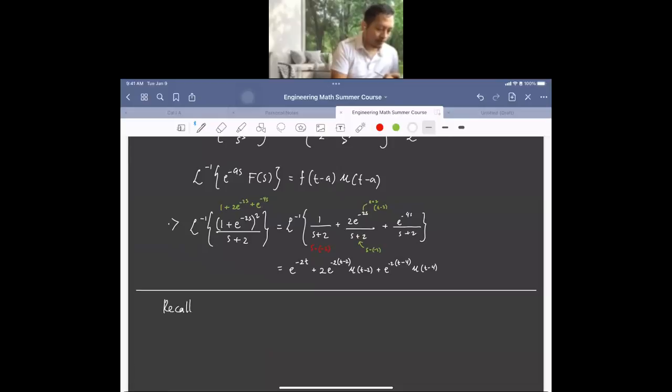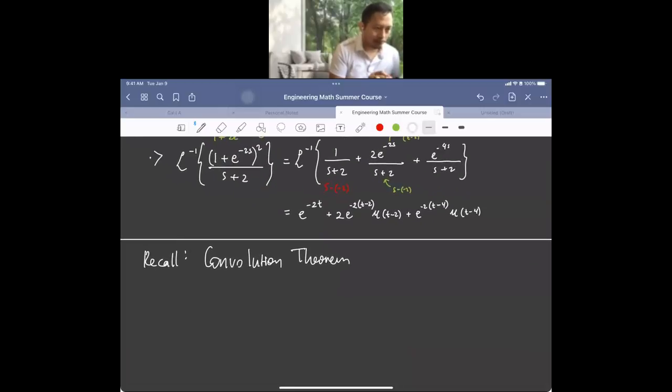Okay, recall the convolution theorem. Let me just write the formula. This means f convoluted with g is equal to the Laplace of f of t times the Laplace of g of t.